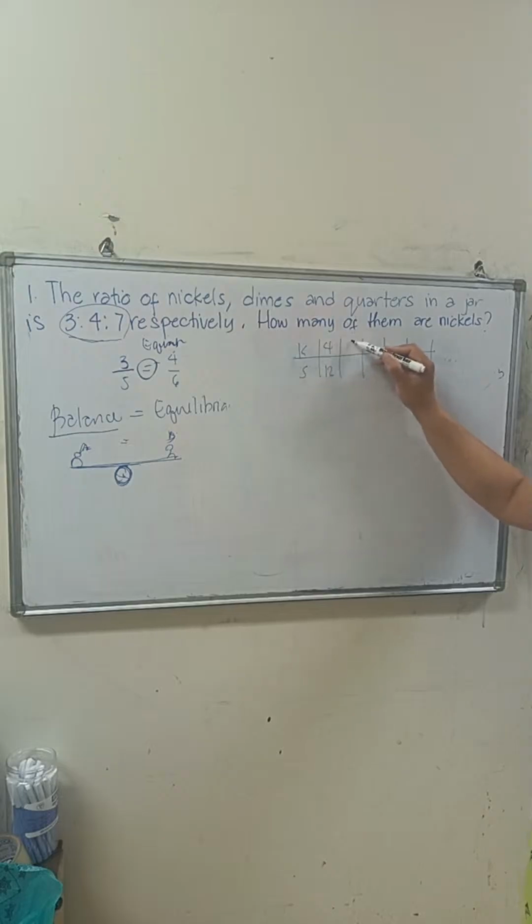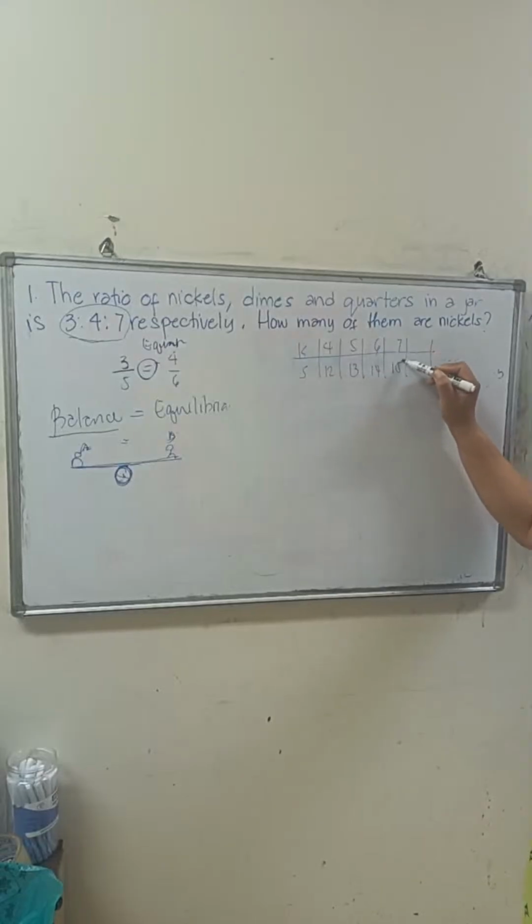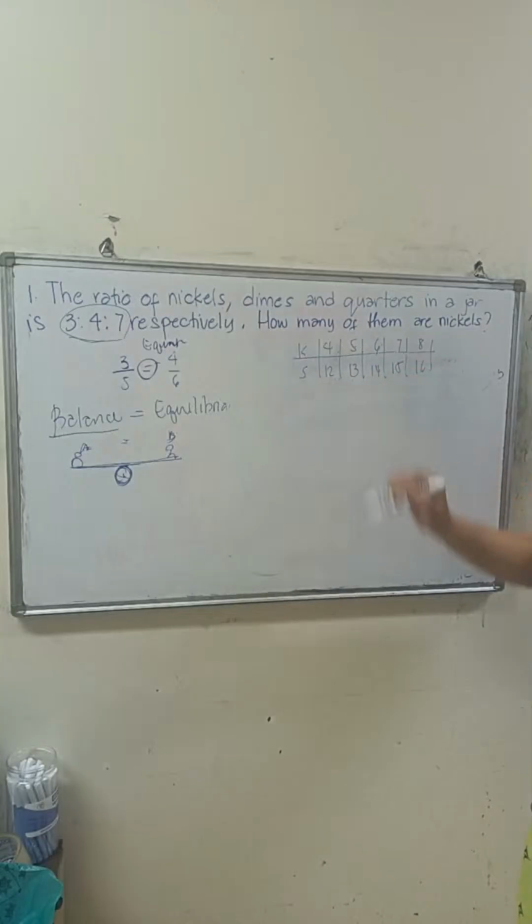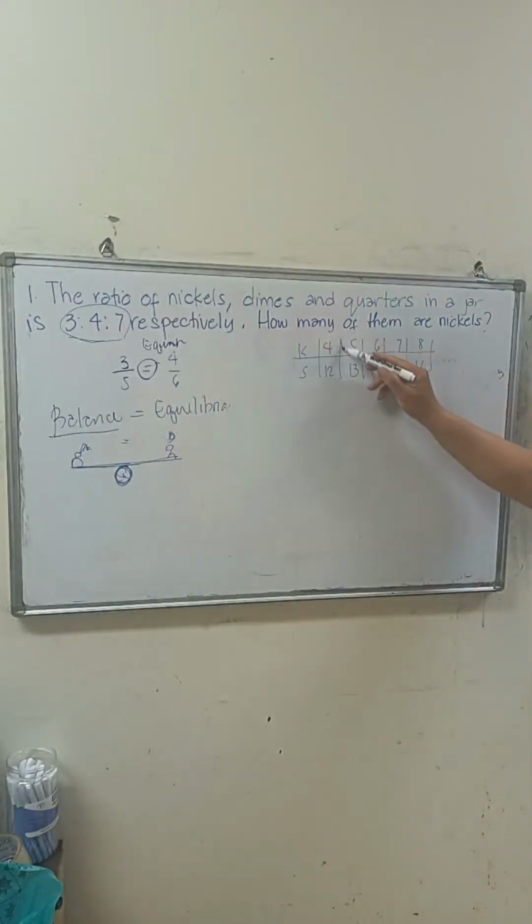If K is 5, this is 13. If this is 6, this is 14. If it's 7, this is 15. So you will establish a pattern. This is 16. So if you add 1 to K, you also add 1 to S. So you are doing the proper proportioning in each column.